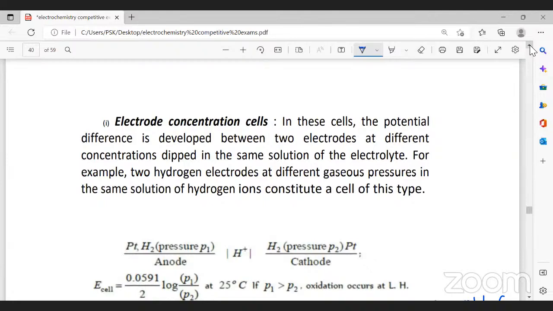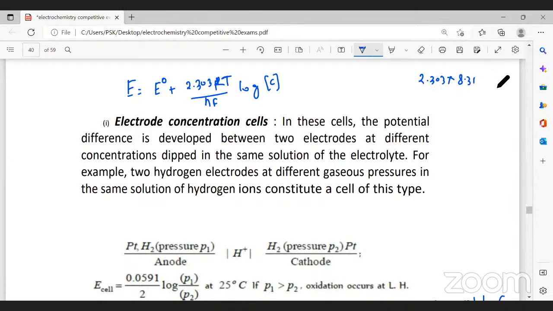Nobody is talking. So once again, explain the Nernst equation, sir. The Nernst equation we will learn. So the first equation is given by the formula E is equal to E naught plus 2.303 RT by nF log of the concentration. Derivation is not there in your syllabus. Now, 2.303 is a constant.